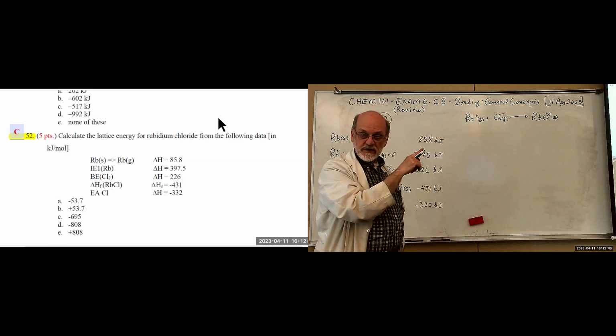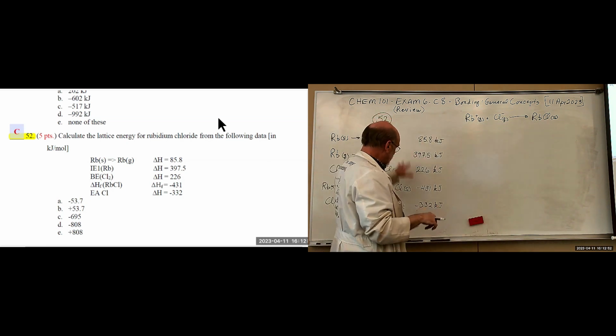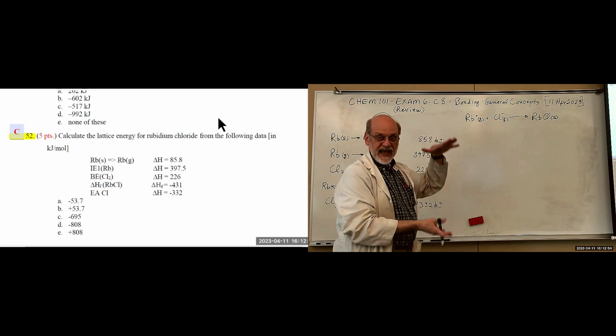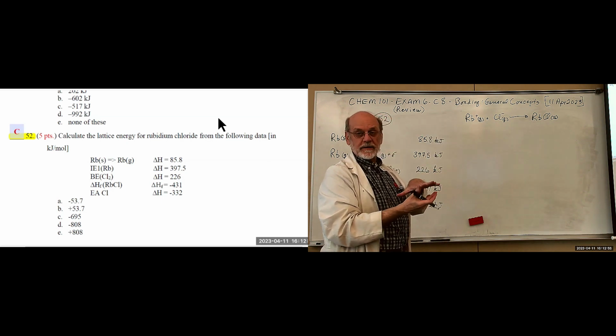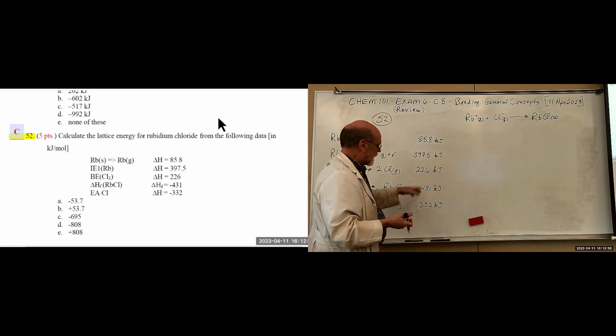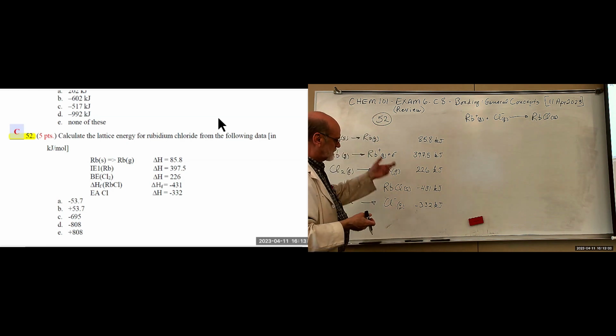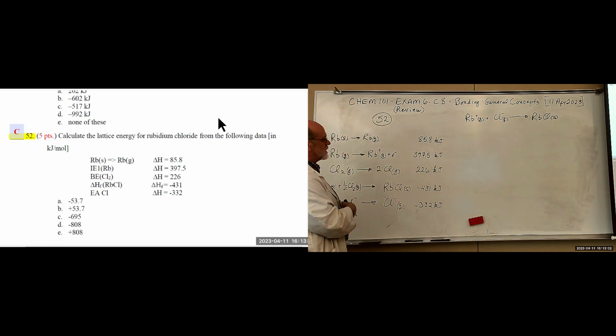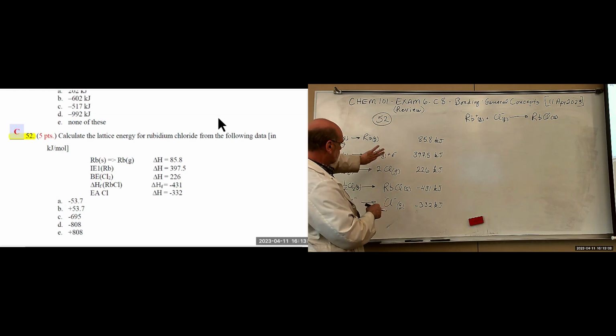That's our target equation. We've got to rearrange these and put them in there so that we can add them together with Hess's law. And then we can add the enthalpies together. Okay, so rubidium plus, where's rubidium plus? Here it is. So this one needs to be flipped.